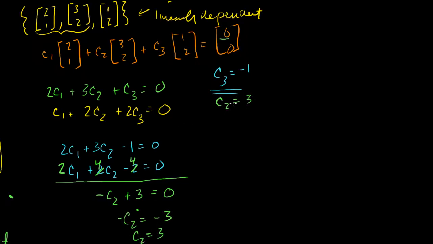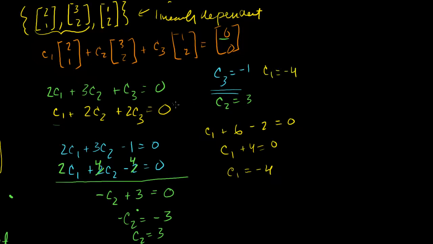And if c2 is equal to 3 and c3 is equal to -1, let's just substitute here. So we get c1 plus 2 times c2, so plus 6, plus 2 times c3, so -2, is equal to 0. c1 plus 4 is equal to 0. c1 is equal to -4.